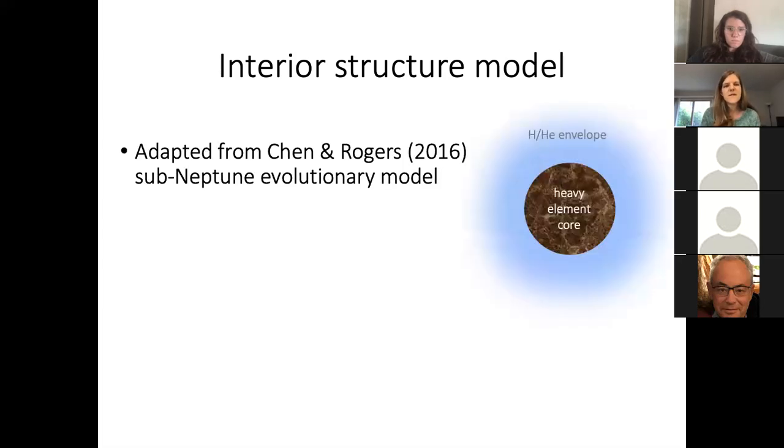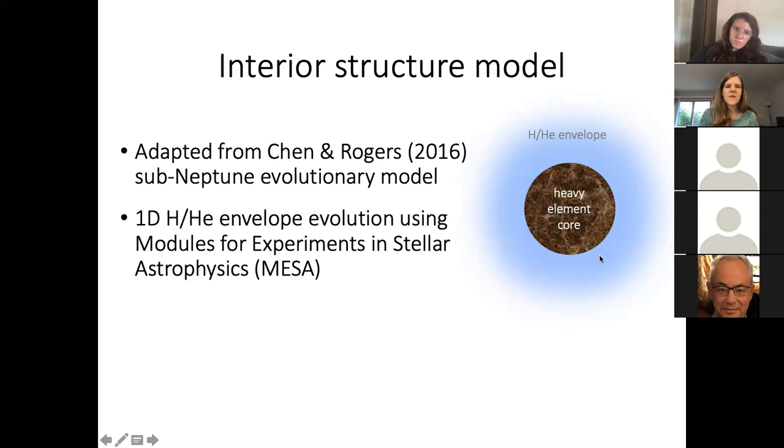So to address this, I looked at a sub-Neptune evolutionary planet model, which was developed by Chen and Rogers 2016, which essentially just assumes a heavy element core with a hydrogen-helium envelope. And this envelope is evolved using the 1D stellar evolution code called MESA, which mostly is used to model stars, but can also look at planetary envelopes as well.